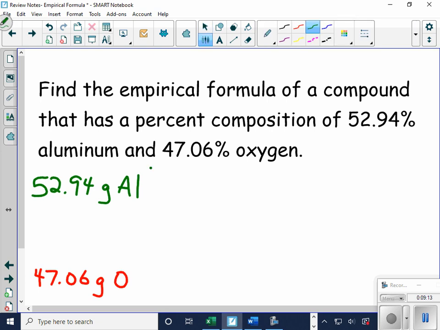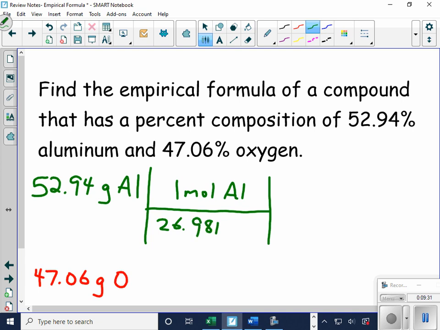I need to flux capacitor this into moles. So I know that 1 mole of aluminum I'm going to have on top because I want the grams to cancel. That is 26.9815 grams of aluminum. I get my grams of aluminum to cancel, so I'm going to have my answer here in moles of aluminum.